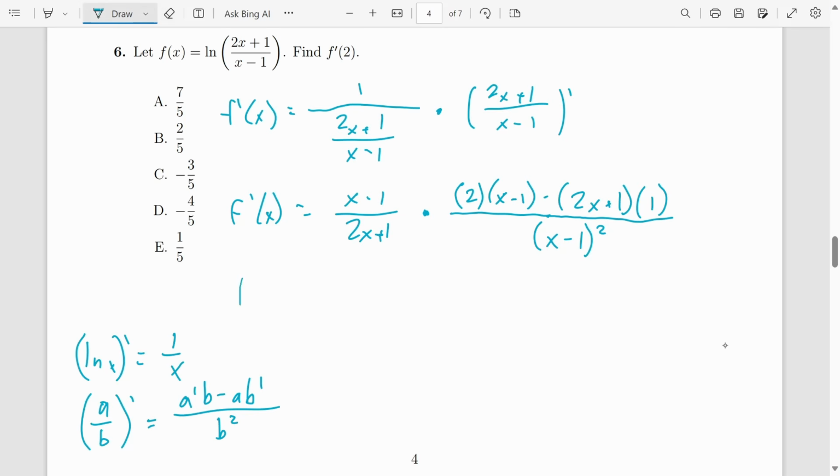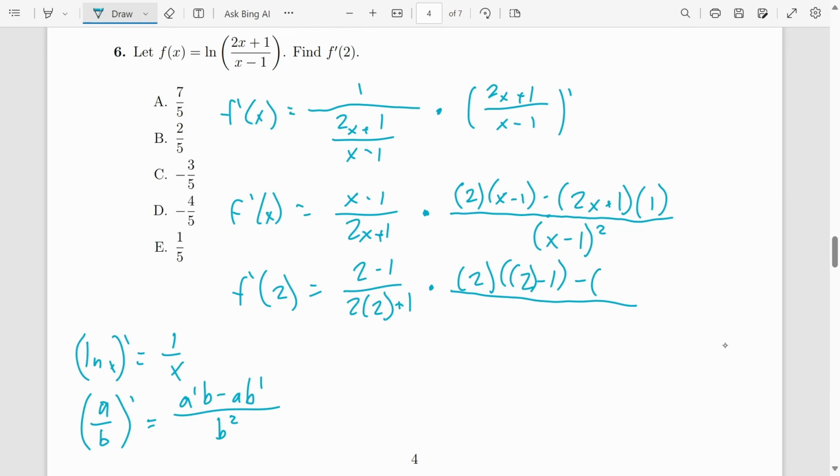So when we go ahead and plug in that value of 2, we get 2 minus 1 all over 2 times 2 plus 1 times 2 times 2 minus 1 minus 2 times 2 plus 1 times 1 all over 2 minus 1 squared. So there we go. We just have to add, subtract, and multiply our way to the end now.